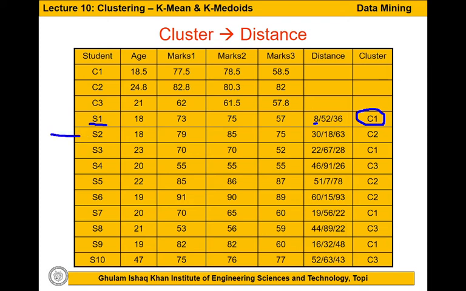And the same will be repeated for S2, S3, S4 and S5, right? And this process continues until there is no change observed in the cluster centers. Okay.